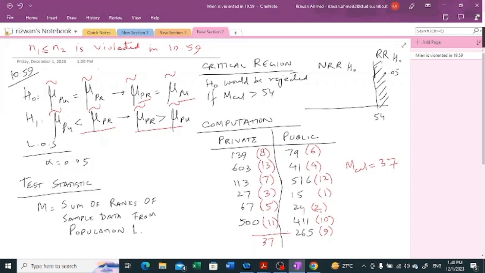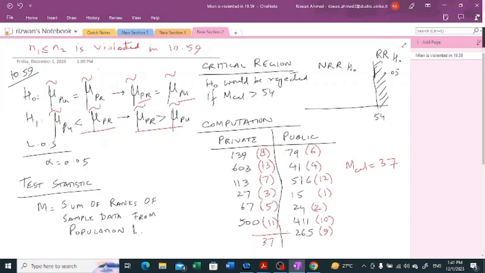Then 24 is the next higher, then 27 is third, then 41 gets fourth rank, 67 fifth, 79 sixth, 113 seventh, 139 eighth, 265 ninth, 411 tenth, 500 eleventh, 516 twelfth, and the highest value, 603, gets thirteenth rank.